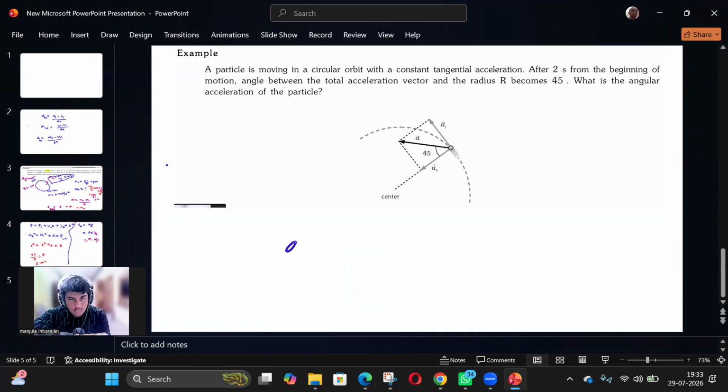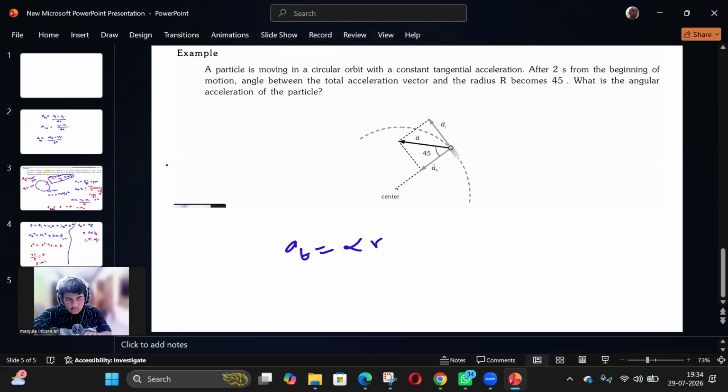Tangential acceleration is a, which is equal to alpha into r. This is constant and r is constant, so alpha is also constant, the angular acceleration.